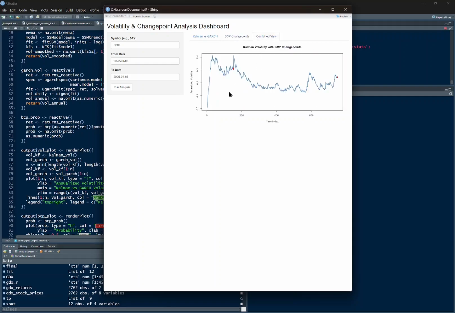And the combined view shows the change points. Change points during COVID, 2022. No, that's 2022, isn't it? Yeah. So it must be 2022. And there's a change point at the very moment now.